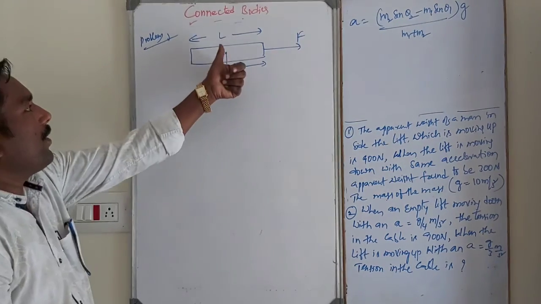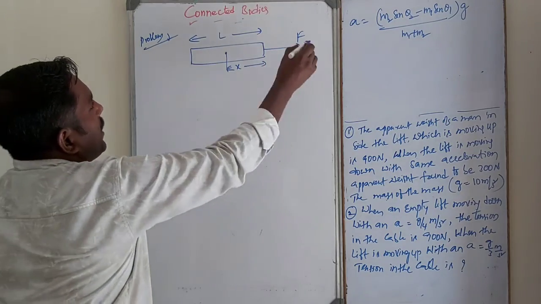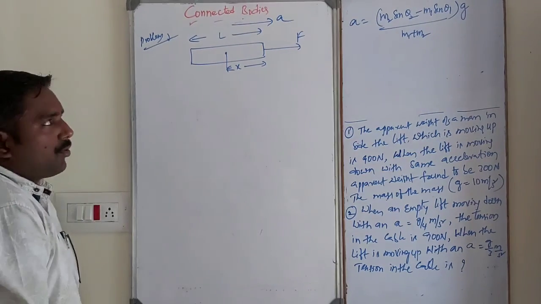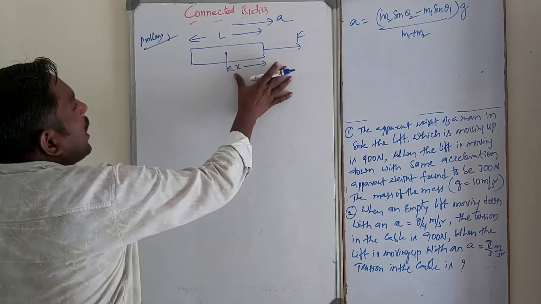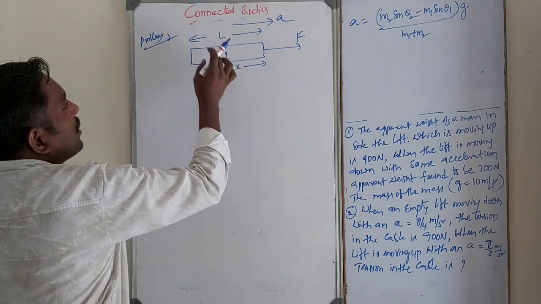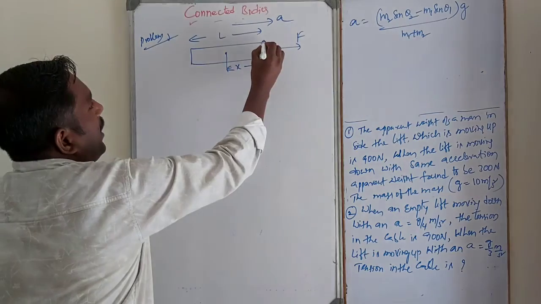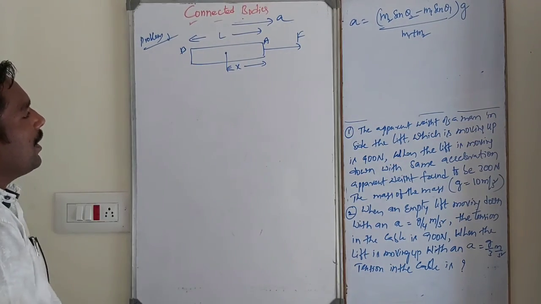So this is a rod of length L. This is the applied force. So then the system moving like this. Here is the isolation of the system. So what will be the tension on the rod at a distance of x from end A? This is end B. End A and end B.